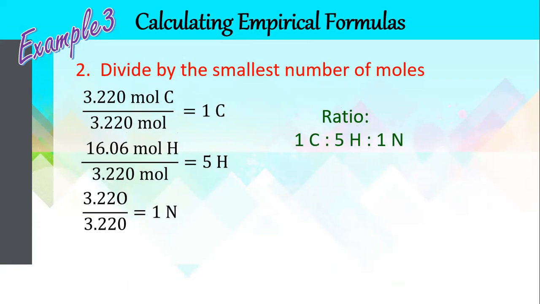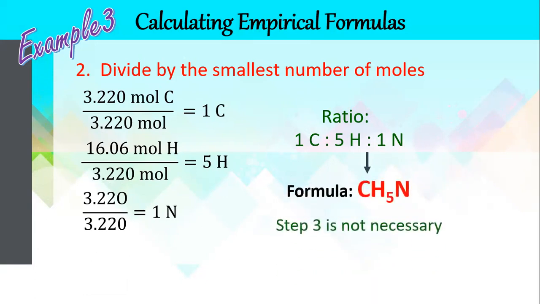In this case, we don't have to go on to the third step since we already have a whole number ratio. Therefore our empirical formula is CH5N. All right, so this is already your empirical formula.